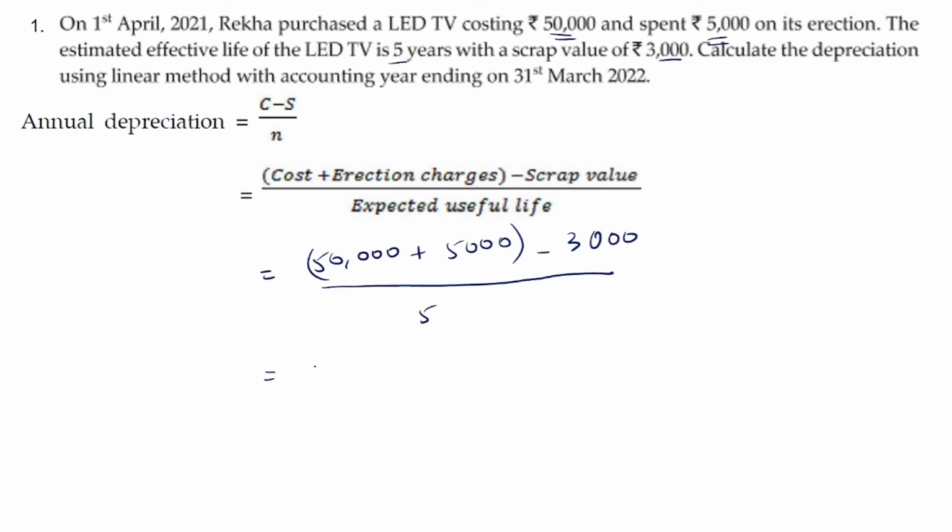So it is equal to 52,000 by 5, or it is 10,400. Therefore, annual depreciation D is equal to rupees 10,400.